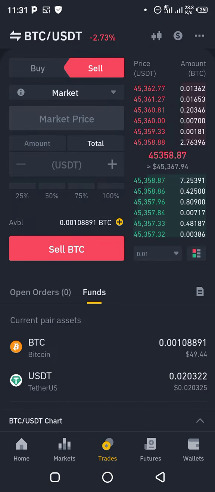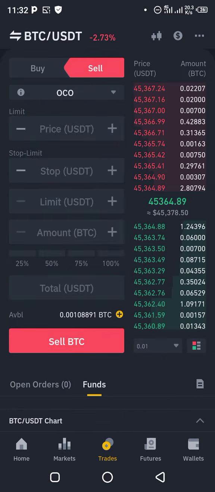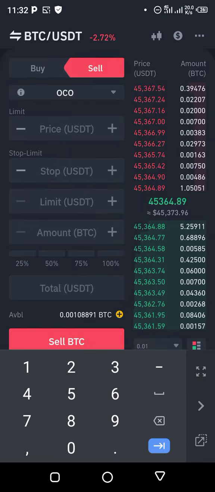All right, good. So now what do we do? The first thing we need to do is to change this market order here. We're on sell now. Put it on OCO. The first thing we want to do is to put the price we want to sell at if the price goes up. We put the price right there. Very simple.